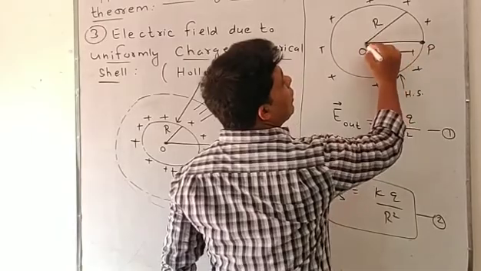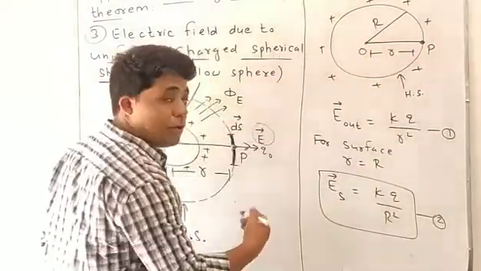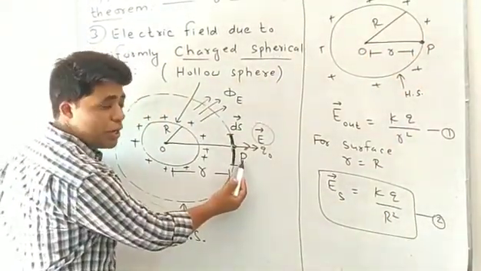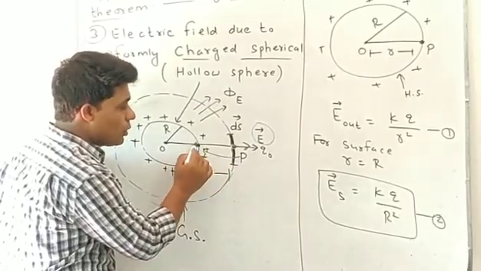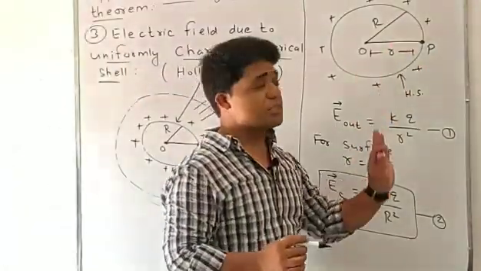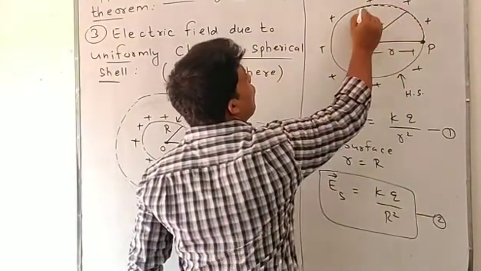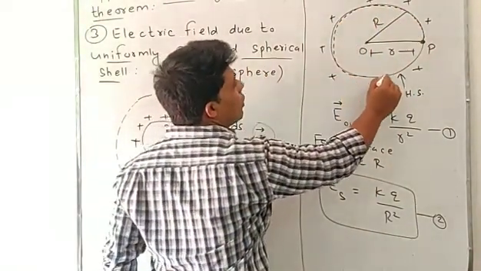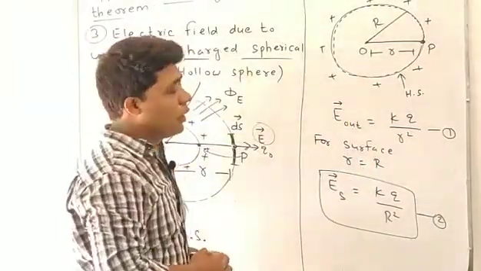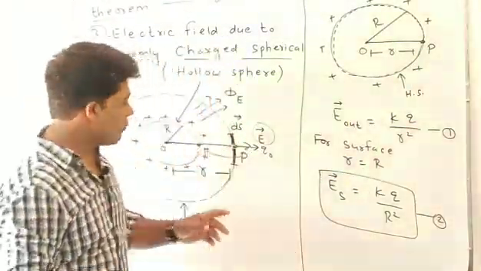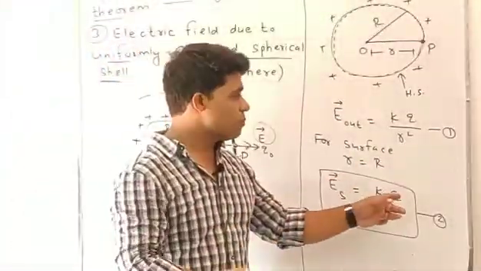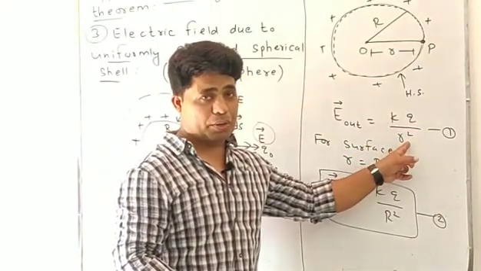So the distance O to P becomes small r. In the first case, P was outside, now P comes at this point on the surface. So the Gaussian surface will be made along with the hollow sphere. How much electric field is generated when P is outside? We found just before kq by r square.